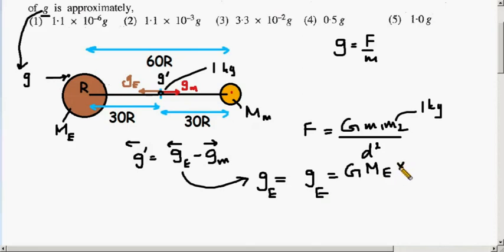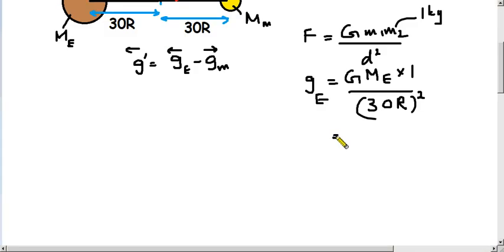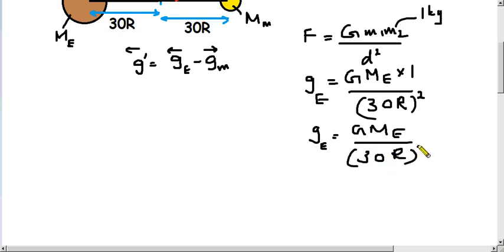Then this m2 is 1 kilogram, then divide by this distance 30 r squared. So we remove this one, it is not necessary.